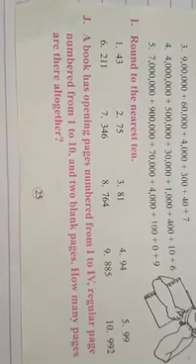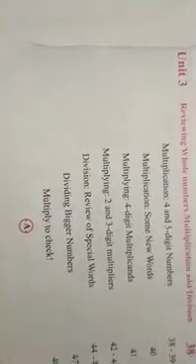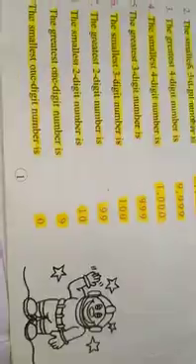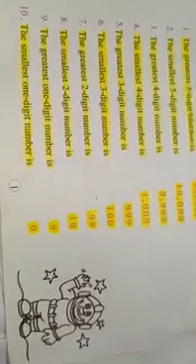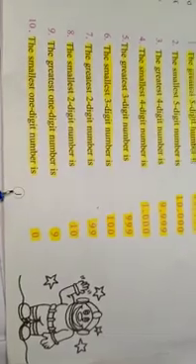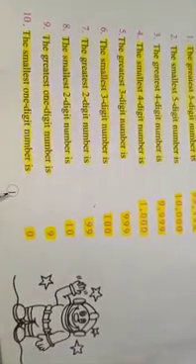First of all, I will tell you that these are the opening pages of your book. A, B, C, similarly, up to C. A to C are the opening pages of your book, and the numbering starts from 1, 2. These are the opening pages of your book.